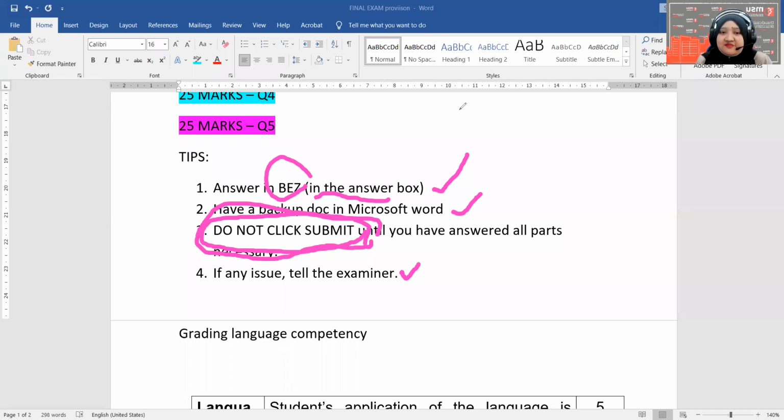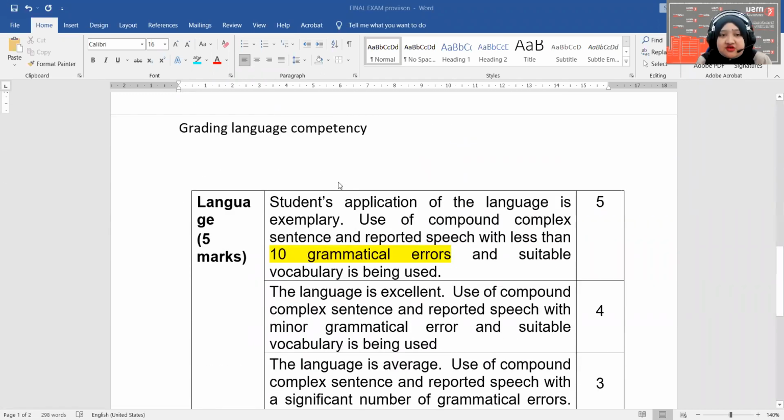Please remember this. Other provisions: after all, we are a language class, English for Academic Enrichment.